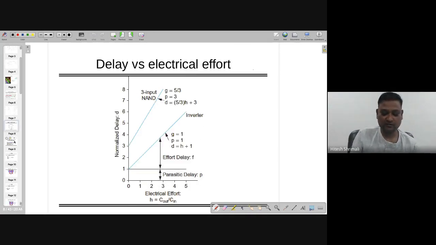So now let's just look at the electrical effort versus delay. Note that D is nothing but F plus P, where D is delay, F is stage effort, and P is the parasitic delay.